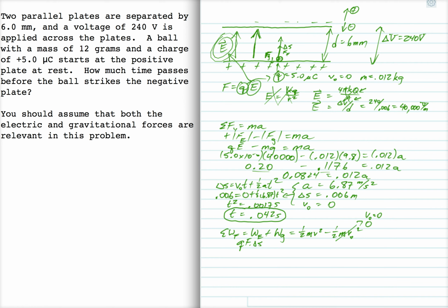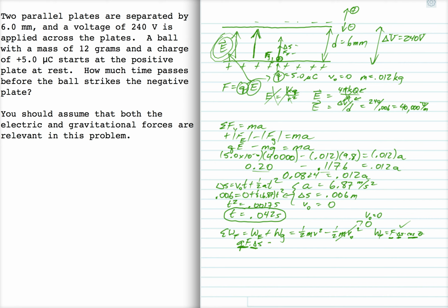Remember we've got three ways to find work. The work done by a force can be given as F delta S cosine theta. And this time we can use this because everything is uniform. The forces are uniform and the angle is uniform. And so here's the force, here's the distance, and then cosine theta. Theta in this case, since the force and the distance are in the same direction, is equal to 0, so cosine theta is equal to 1.